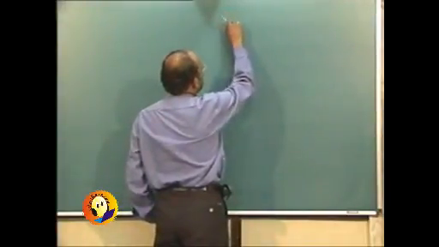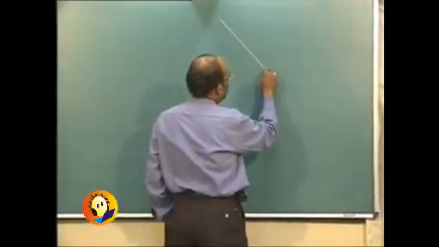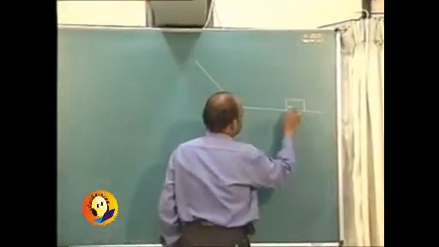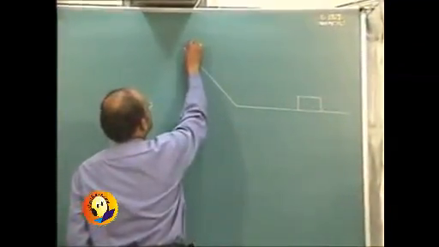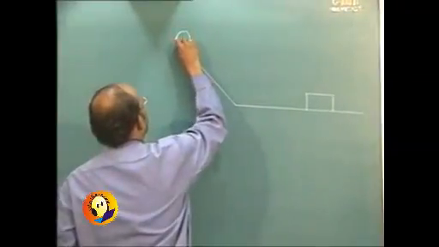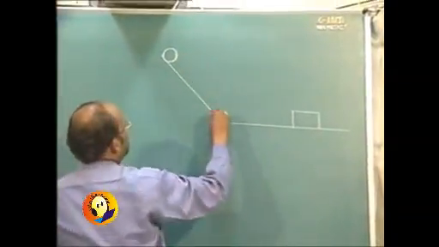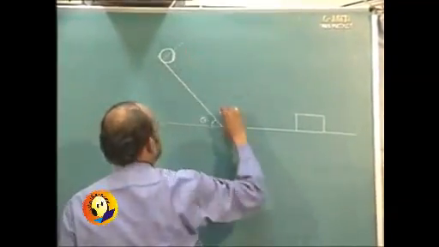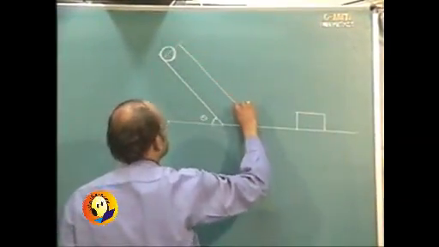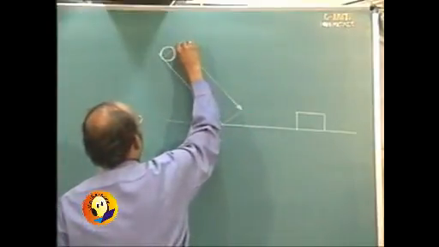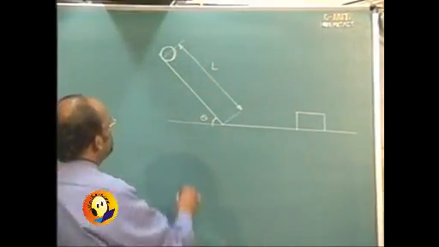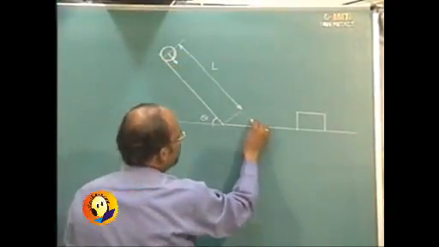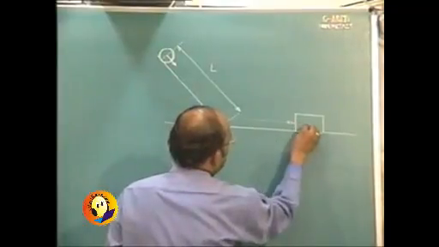Say we are given the slope and there is some block which is placed on the horizontal surface and some ball, which is at a distance equal to L, with the angle also given to us as theta, is released. It comes down, it rolls horizontally, and it will be hitting the block.